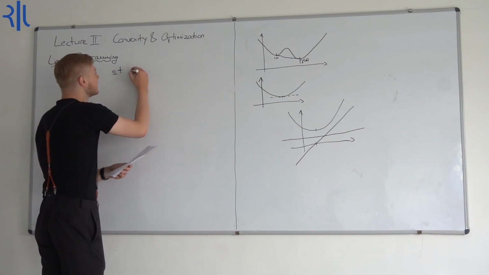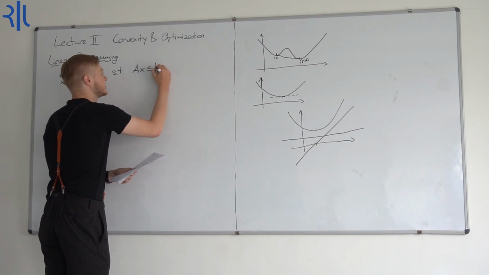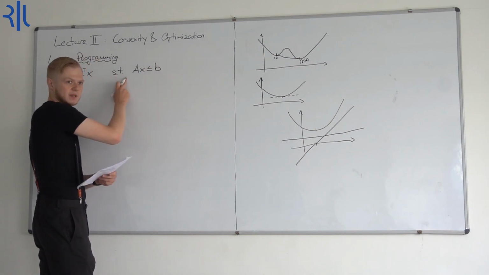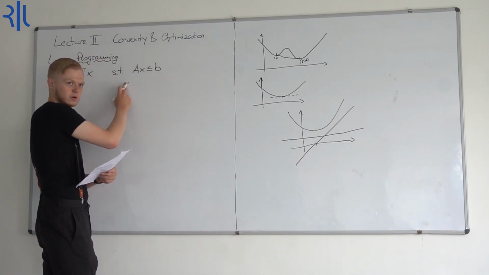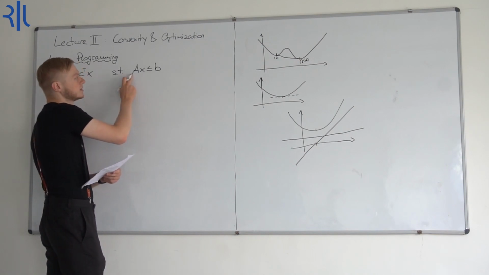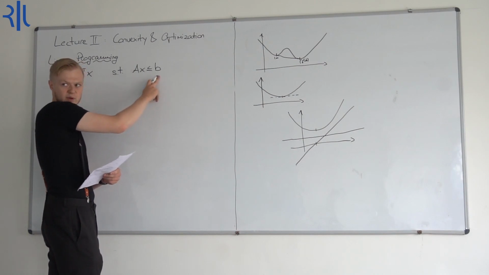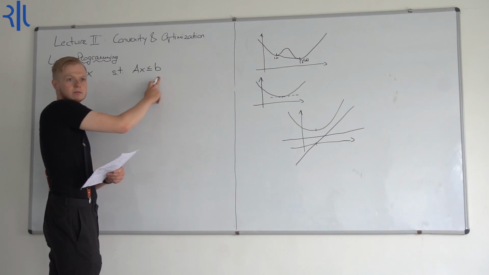And we have the following constraints. So s.t. means subject to the following constraints. The matrix vector product Ax has to be smaller or equal to some given vector b, and that is meant element-wise.